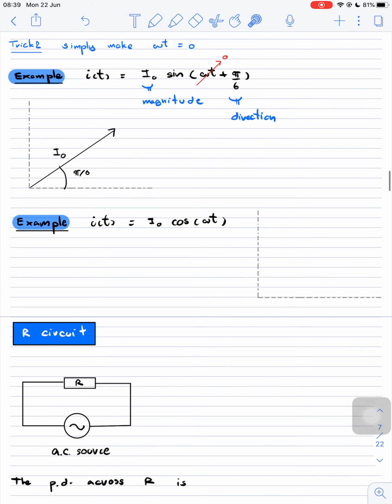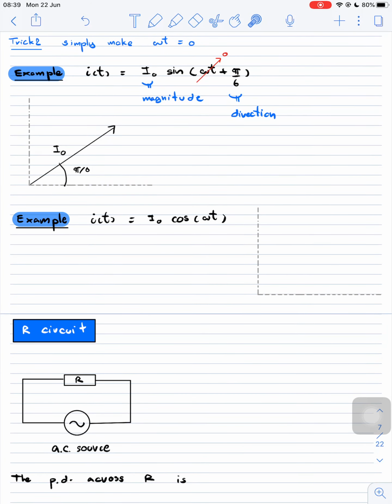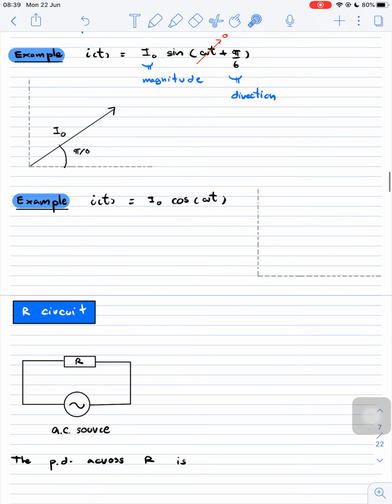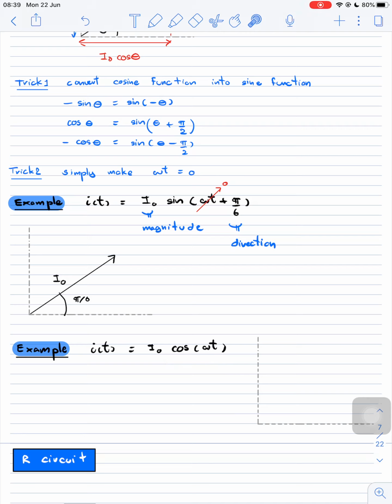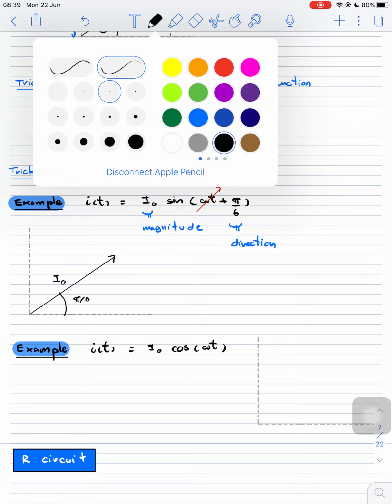Okay, another example. If I have the current I depending on the time t equal to I naught times the cosine of omega t. Again, now we have the cosine function. We need to convert the cosine function to be the sine function first. So we can use this identity, the cosine theta equal to the sine theta plus pi over 2.